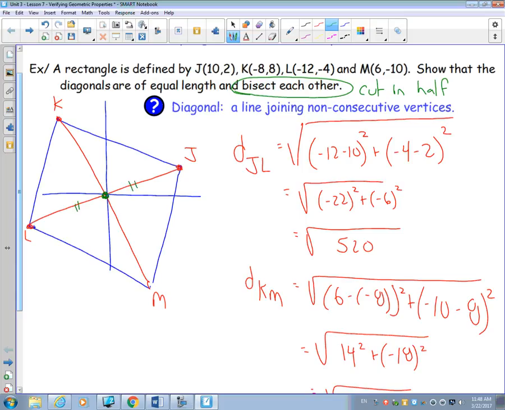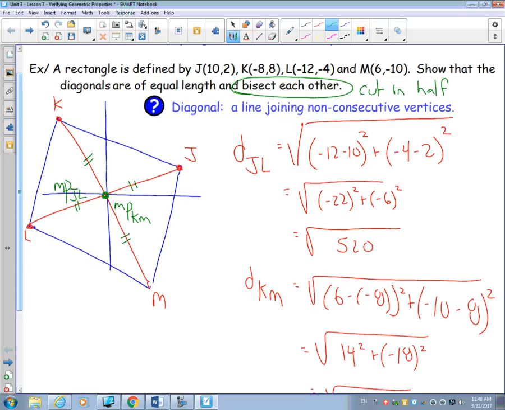Wouldn't that be a midpoint? If I cut the other one in half, wouldn't it be the same midpoint? So if I can find the midpoint of JL, and I can find the midpoint of KM, what should be true about them? They better have the same coordinates if they cut each other in half, right?